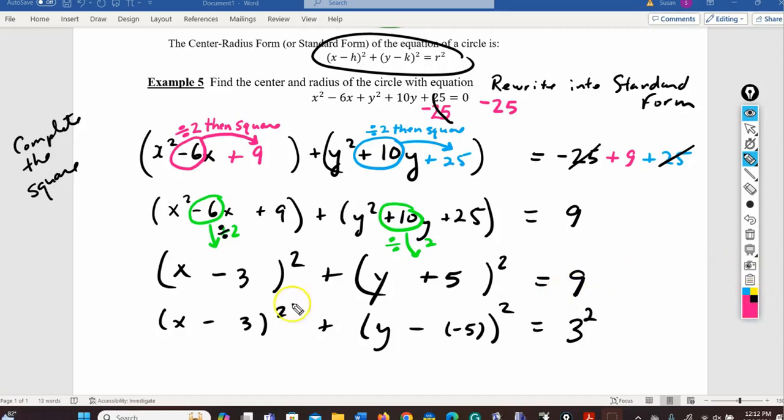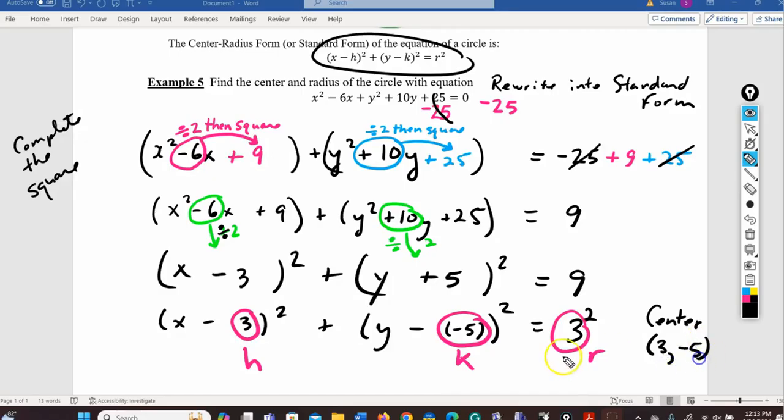But now that we have it like this, here is my h, here is my k, and here is my r. So the center is going to be h comma k, and the radius is 3.